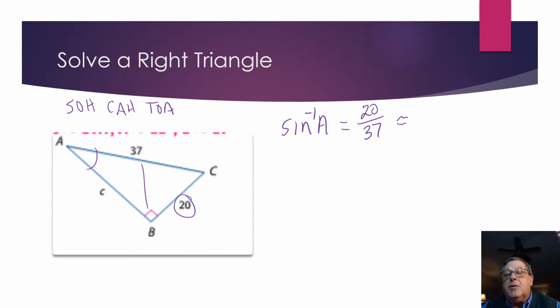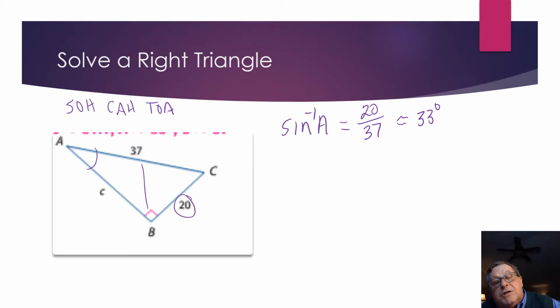I'm assuming by now you know how to do it. If not, you need to go back and look at some previous instructional videos. But it would be approximately 33 degrees. Make sure you're in degree mode, not radian, by the way, on your calculator.